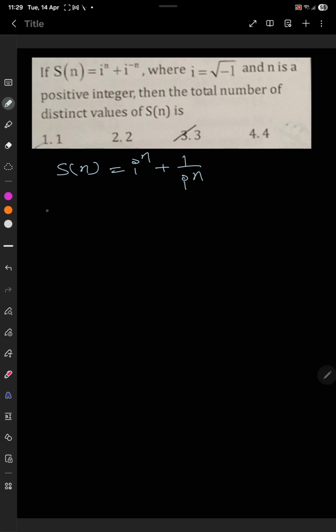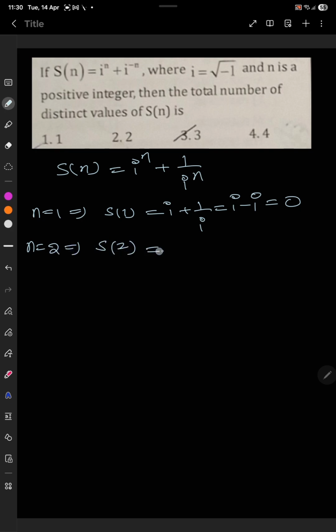Okay, now for n equal to 1, we get S1, that is i plus 1 by i. We know that 1 by i is minus i, so that is equal to 0. For n equal to 2, S2 is i square plus 1 by i square. We know that i square is minus 1, minus 1 minus 1, that is minus 2.